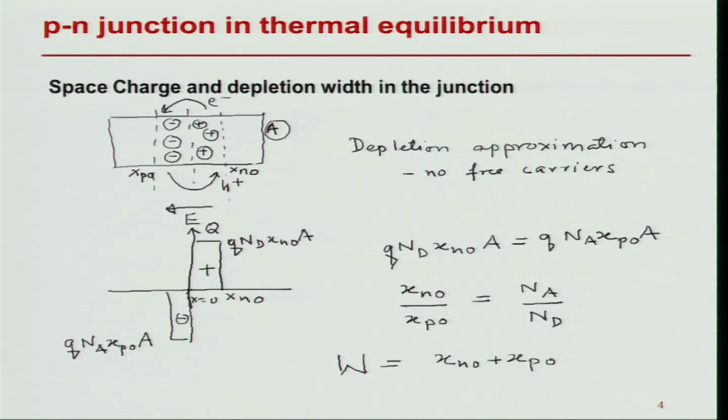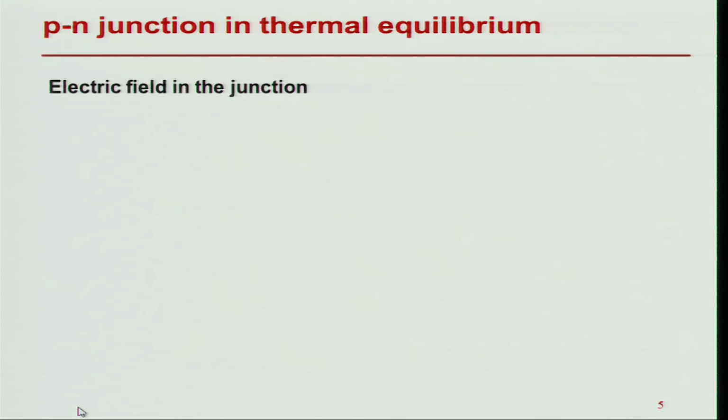Okay. So, now we know what the space charge in the p-n junction looks like. We can take it to the next level, to see in this junction area what the situation is with the field. So, if I take the earlier picture where I have the charge, because if you have a charge distribution, there must be a field.